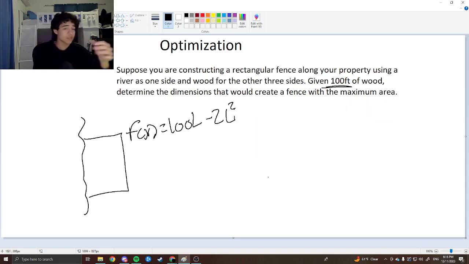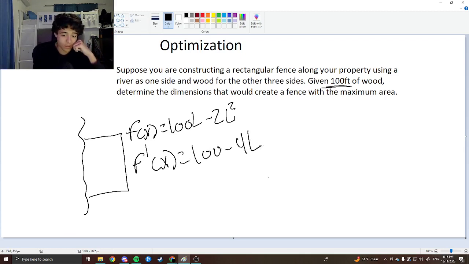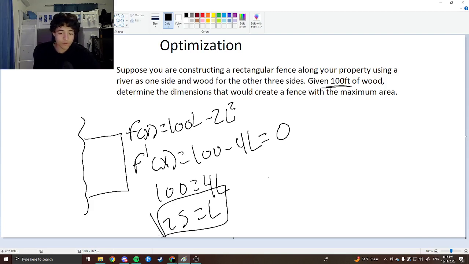Now that we have the function that we're trying to maximize, we're going to do the same thing. We're going to derive it. We get f prime of x equals 100 minus 4L. Now if we set this equal to 0 to get our critical point, we'll move the 4L over, and we get 100 equals 4L. We'll divide both sides by 4, and you'll get 25 equals L. So the length of one side is 25. And if you remember, in our original equation, we had 2L plus W equals 100, because we have 2 L's and 1 W, and we have 100 feet of wood.